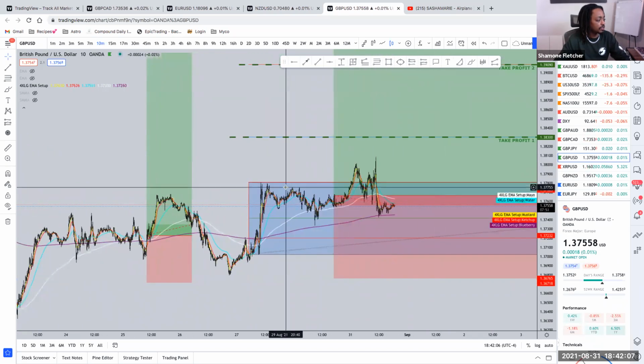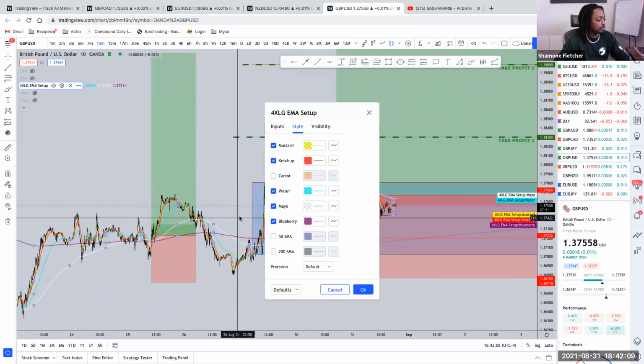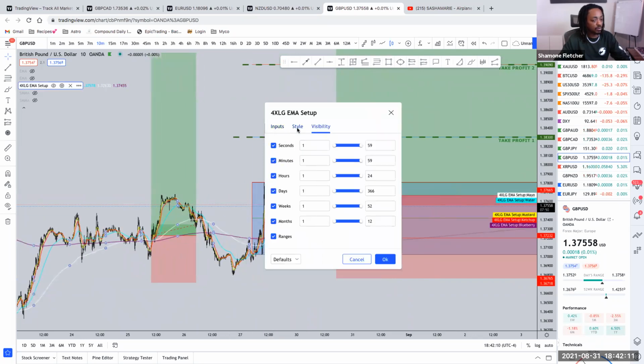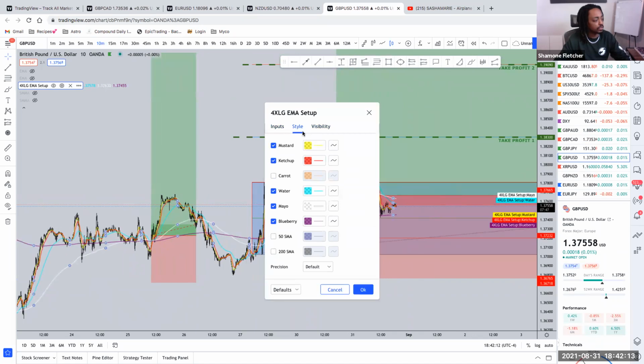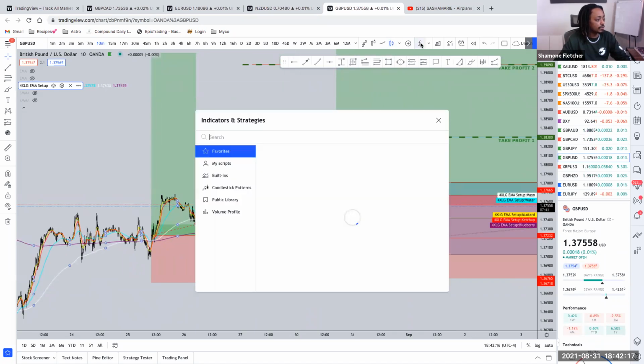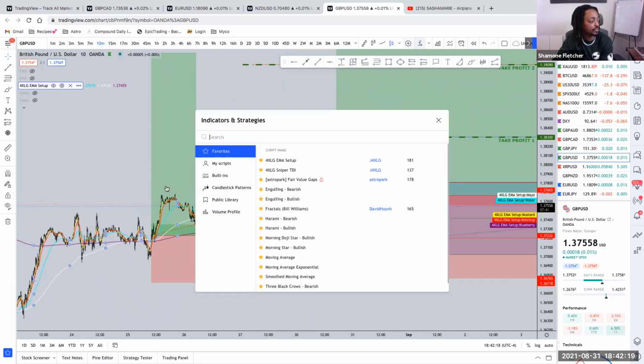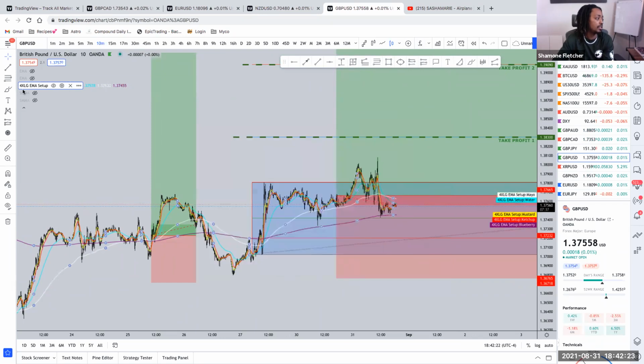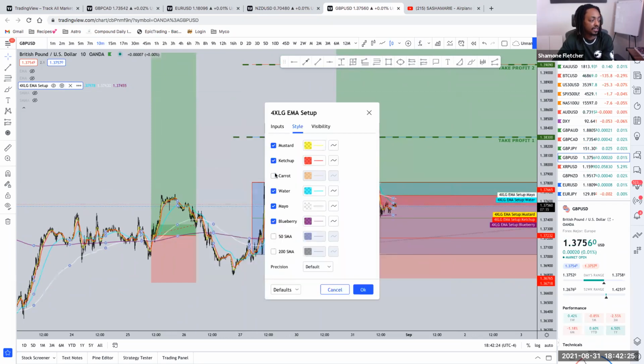Yeah, the settings. What part of the settings did you want to see? All you have to do is go to indicators, type in 4XLG EMA setup, put it on your chart, go to settings, uncheck carrot, and change mayo to white instead of black.